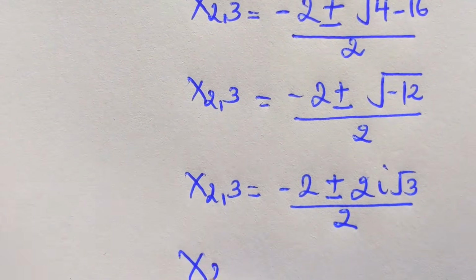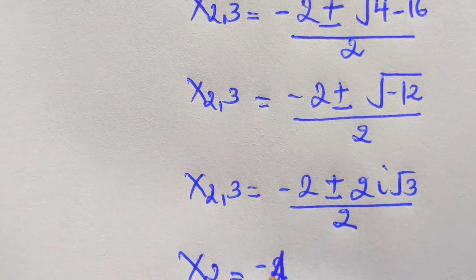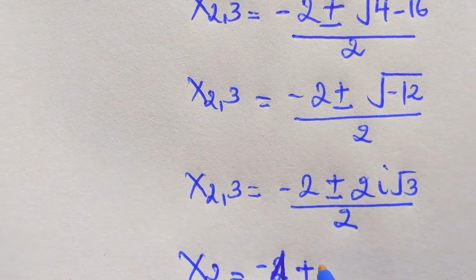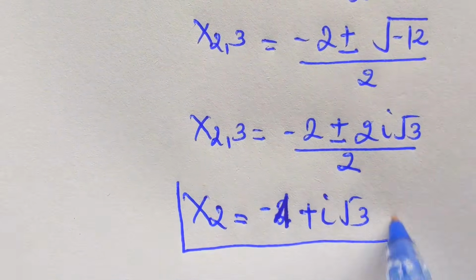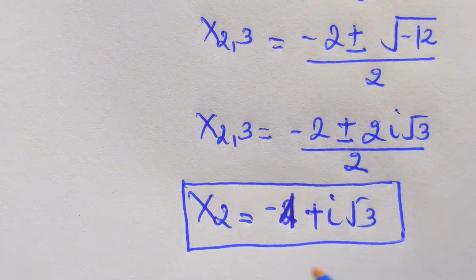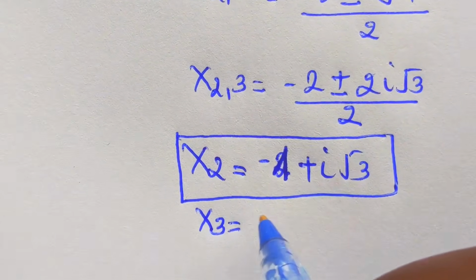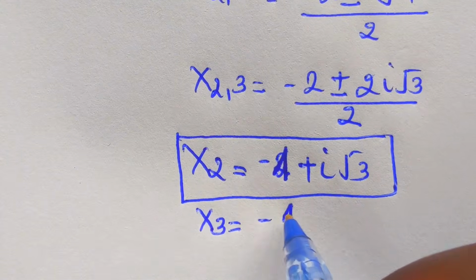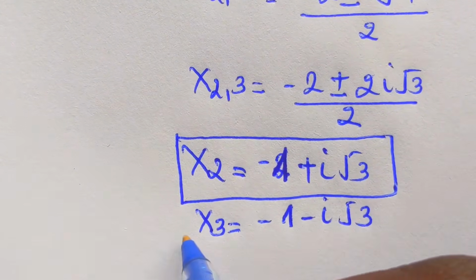So x2 will be negative 1 plus i square root of 3, and here x3 will be negative 1 minus i square root of 3.